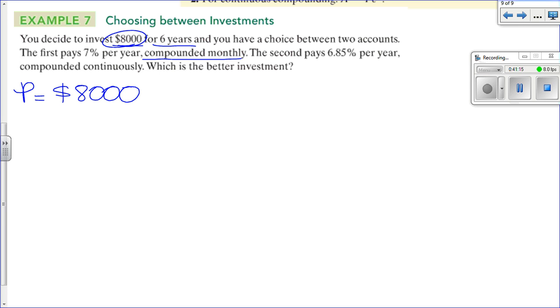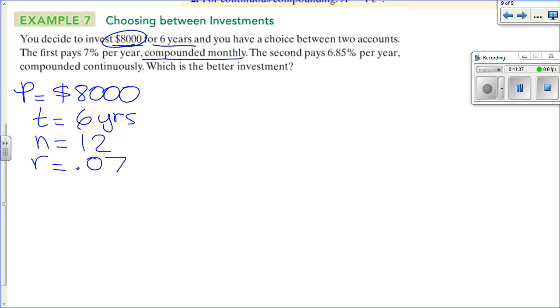All right, give me a second. Let's talk about the first account: $8,000. The time is 6 years, and the number of compounding periods is 12, right? And the rate is 7%. However, we need to use decimals. Should it be 0.7? 0.07.